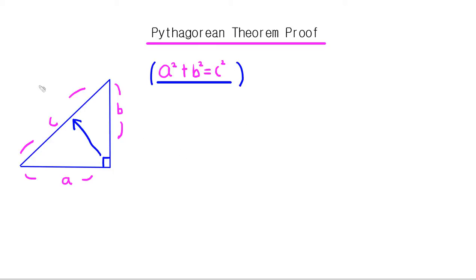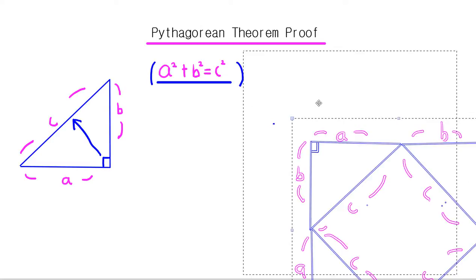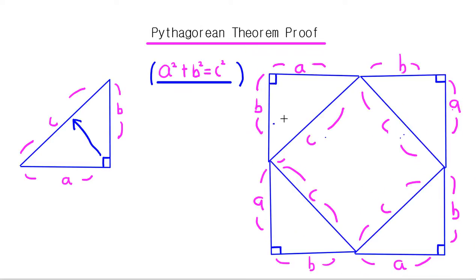So let's prove it. Here's our right triangle, and this is the form that we prove right over here. This is the general way we prove it.